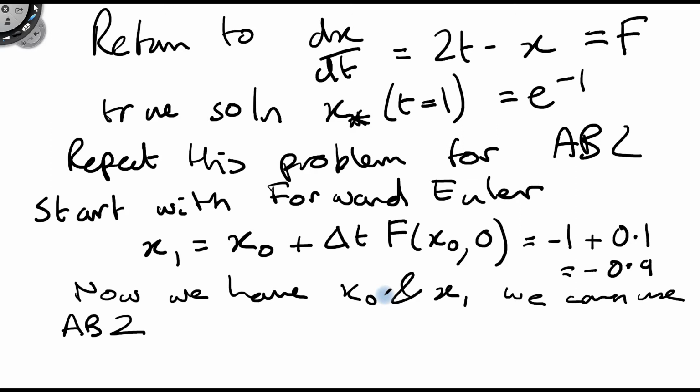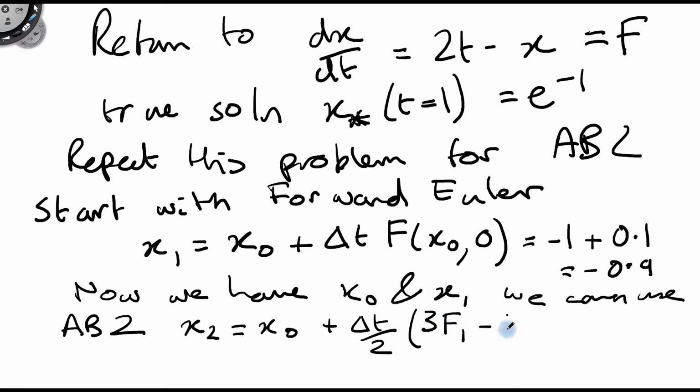But once we've got those values, the formula for AB2 is simple, and simpler than Runge-Kutta. We do delta t on 2 times 3 f1 minus f0. F1 is shorthand for f of x1 and t1.